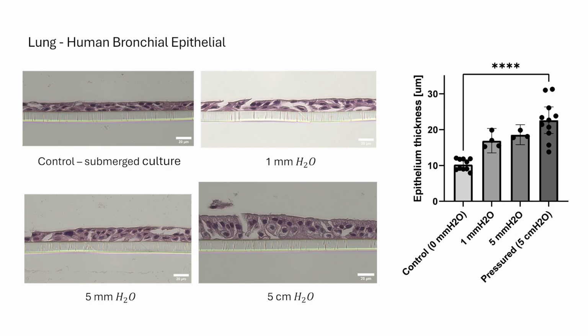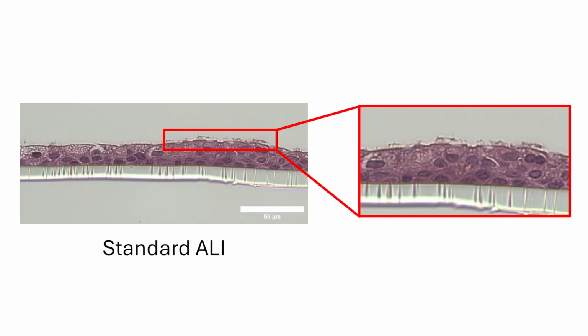That's what made us think, okay, instead of thinking of this pressure as the only thing that matters in that differentiation, it might be just one contributing factor, and by controlling pressure, we might be able to have better control of that air liquid interface differentiation than if we didn't know about this variable.